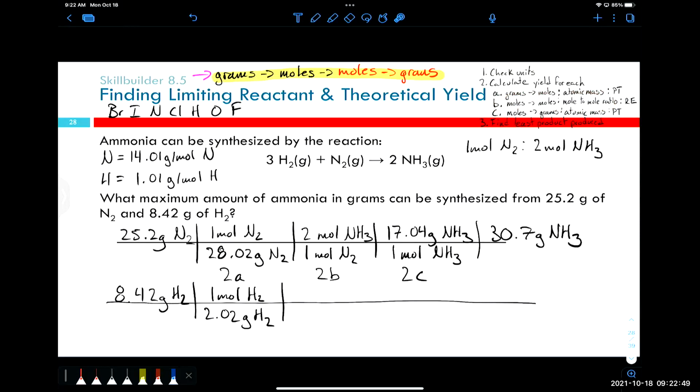We'll use that ratio from our reaction equation. So we have 3 moles of hydrogen are required for every 2 moles of ammonia that are made. Three moles hydrogen, 2 moles ammonia.